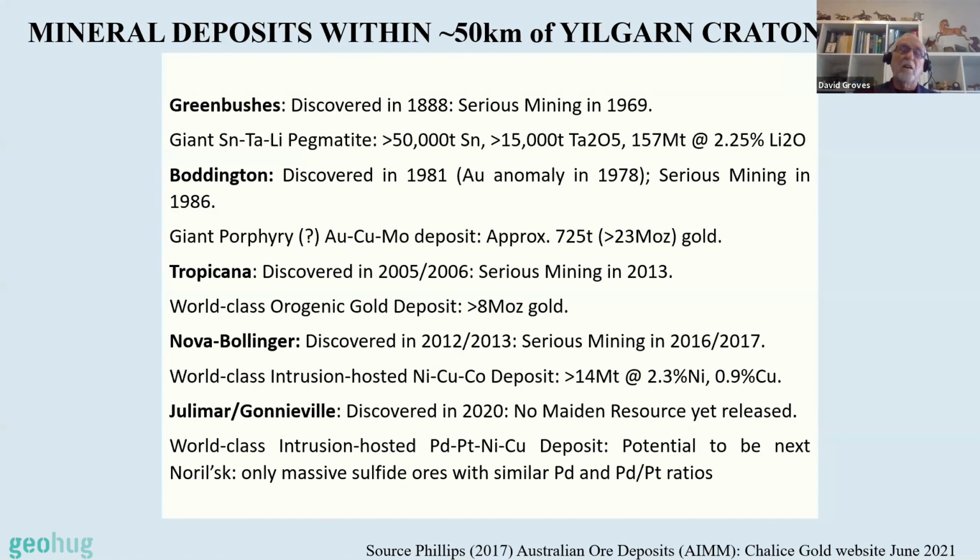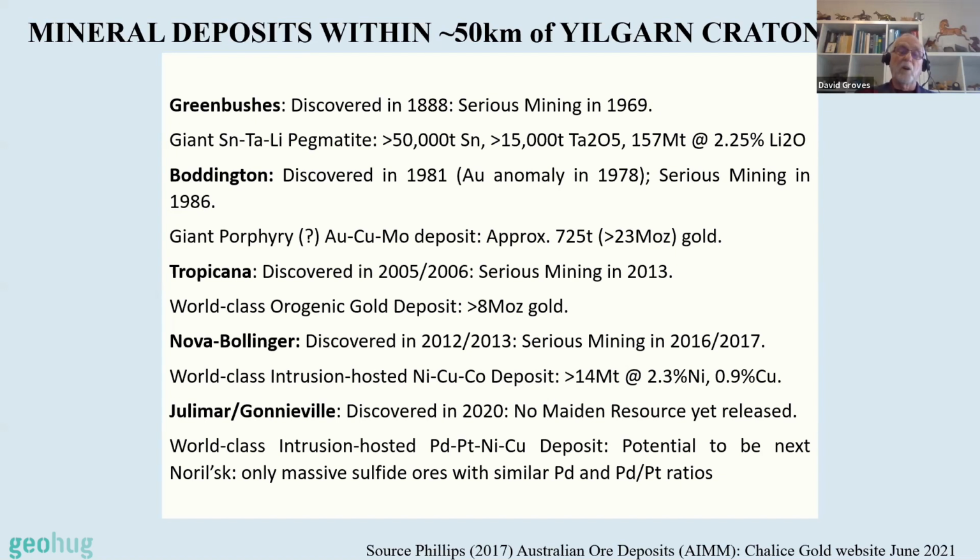Boddington, a very contentious deposit. I think it's quite clearly a porphyry deposit based on a whole lot of research, but it's been called partly an orogenic gold deposit, an intrusion-related gold deposit, and so on. But whatever, it's 50 kilometres from the Yilgarn Craton margin. I suspect it's been tectonically put in place there.